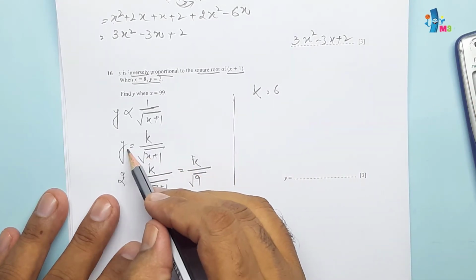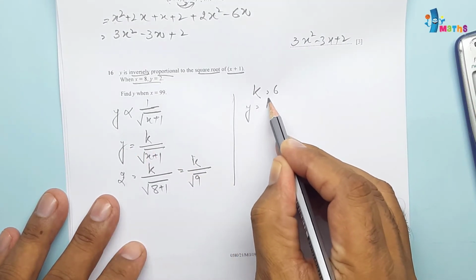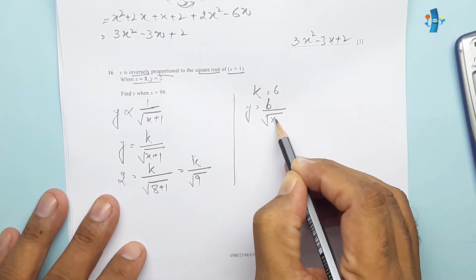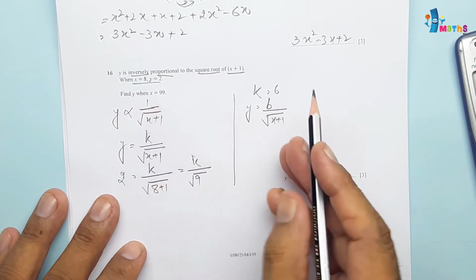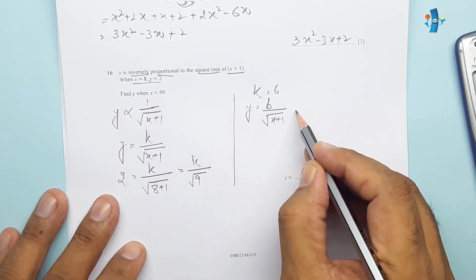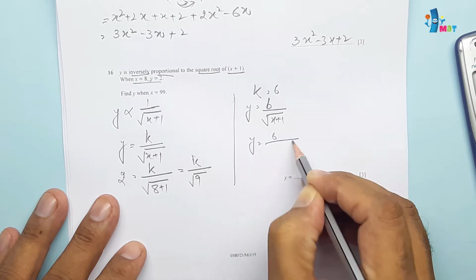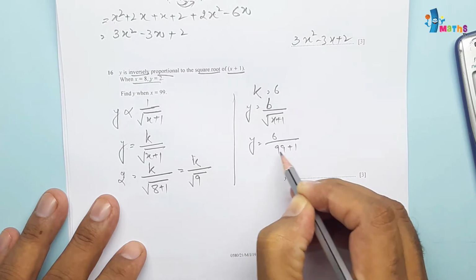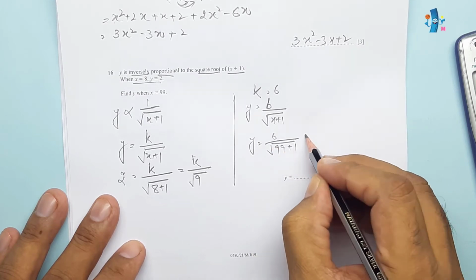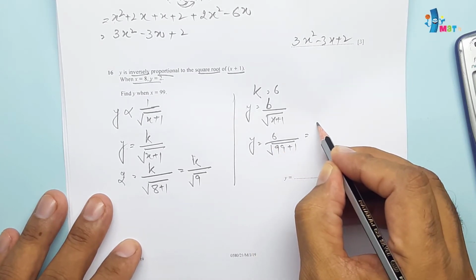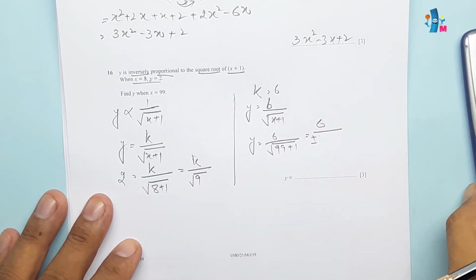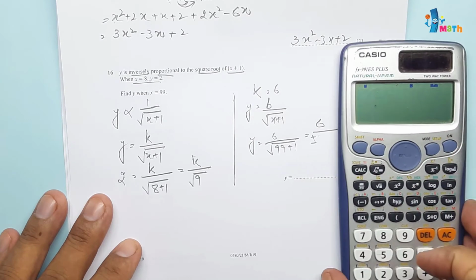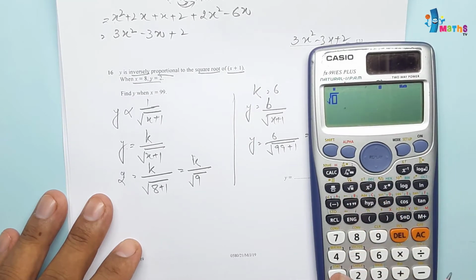So our equation will reduce to y is equal to 6 over root of x plus 1, and now we have to find the value of y when x is equal to 99. So y, when x is equal to 99, will be root of 99 plus 1. So this will be equal to 6 over plus minus 10, because root of 99 plus 1, which is 100, will be equal to 10.